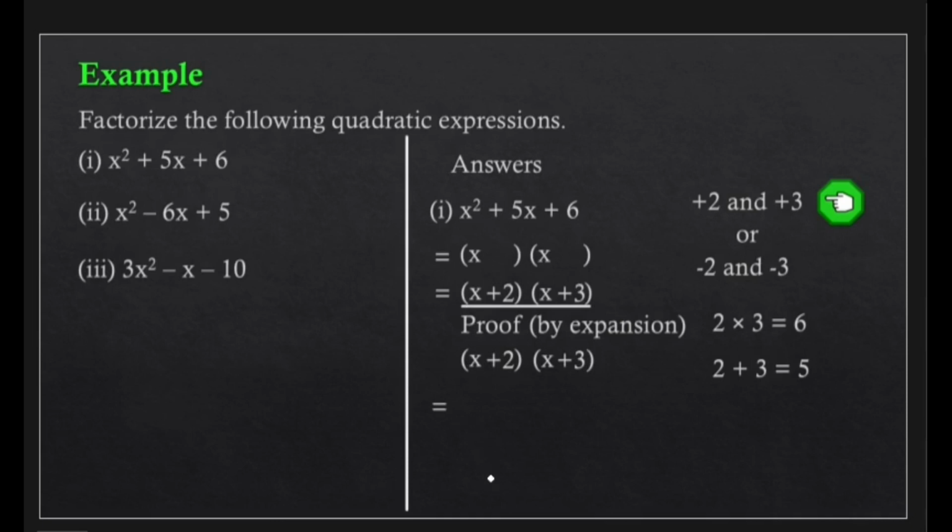In the expansion, the first term in the first expression must be multiplied with the first term in the second expression, and then the same first term in the first expression must be multiplied with the second term in the second expression. So we are to get x and multiply it with this whole expression. That's simply what that means.